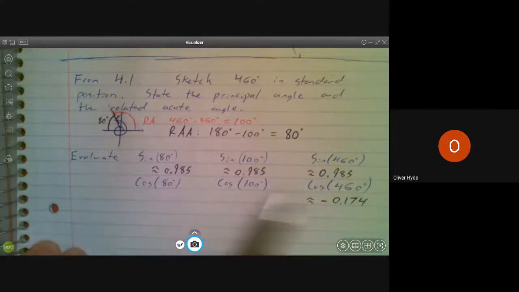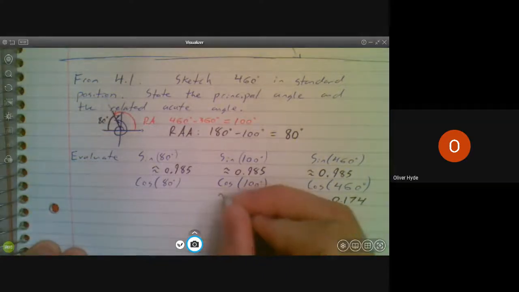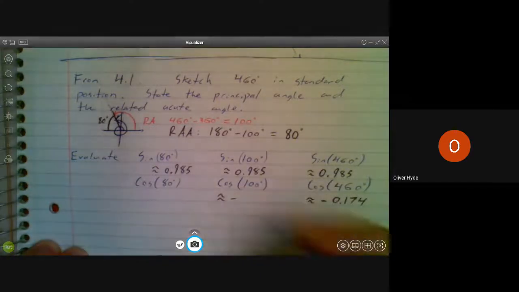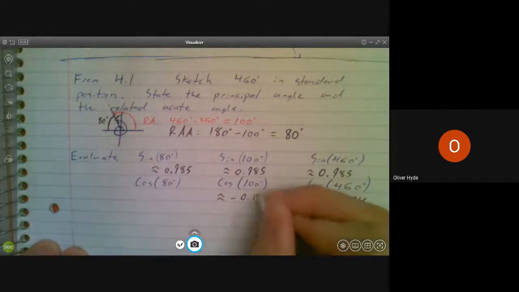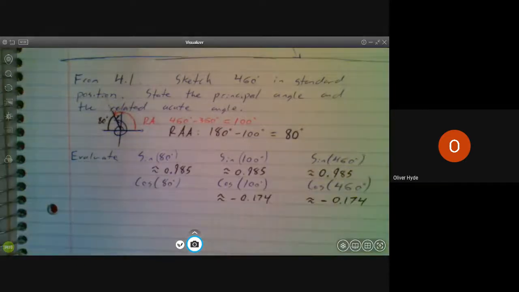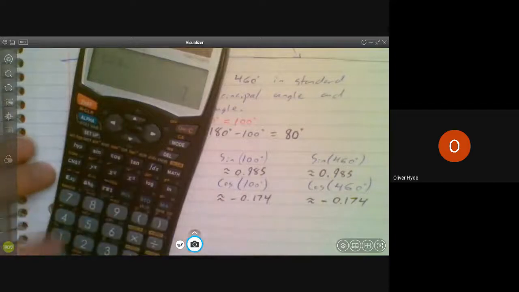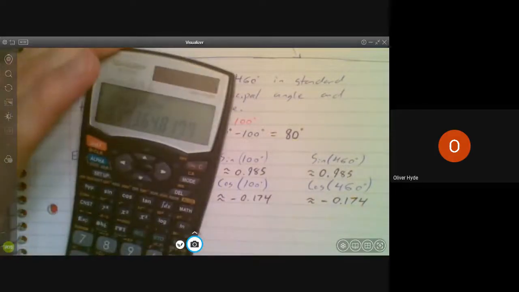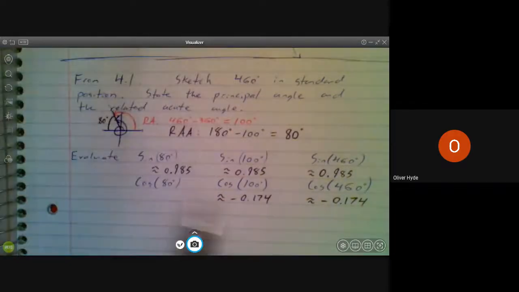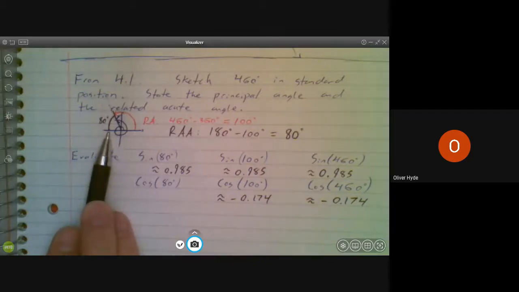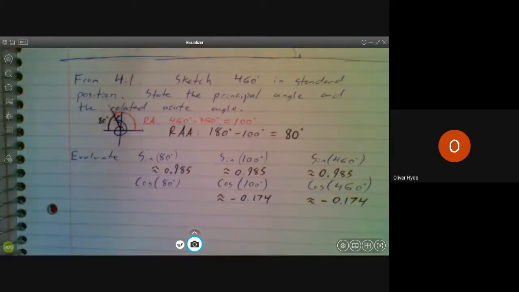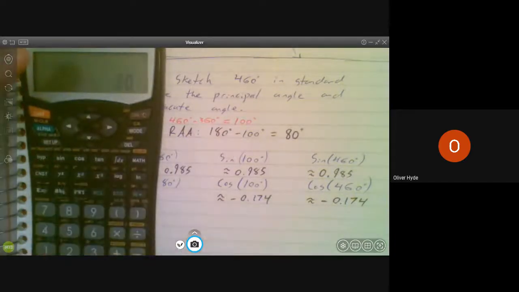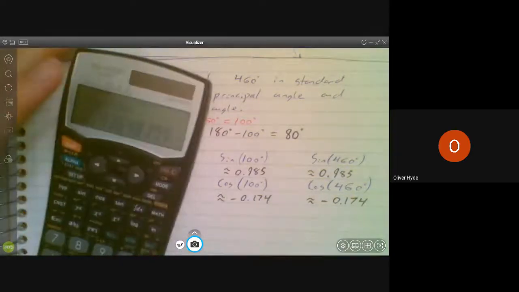Since 100 degrees is coterminal to 460 degrees, I don't think I'll be surprised when I calculate the cosine of 100 degrees, and hey, look, it's also negative 0.17. As a percentage here, we're saying that the adjacent side is about 17% of the hypotenuse. And just watch what happens if I calculate the cosine of 80 degrees. 80 degrees is an acute angle.